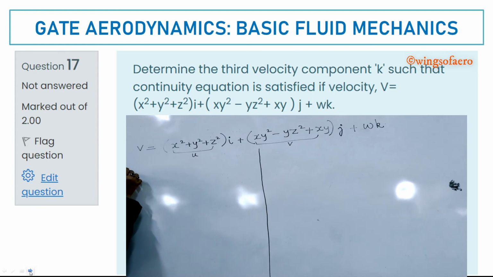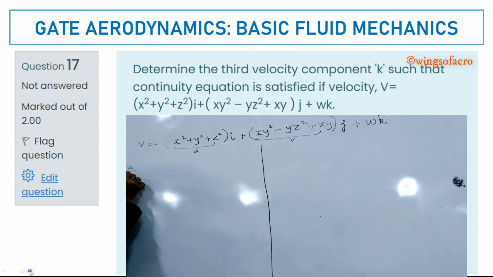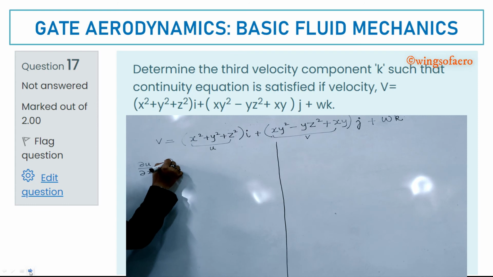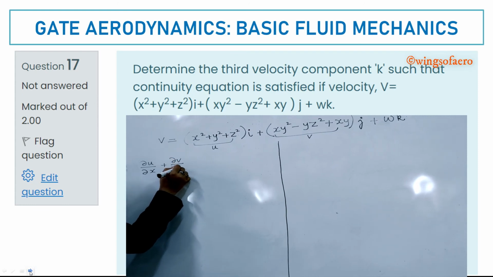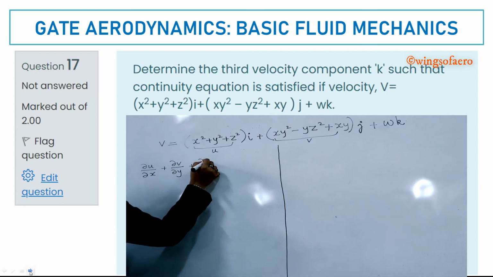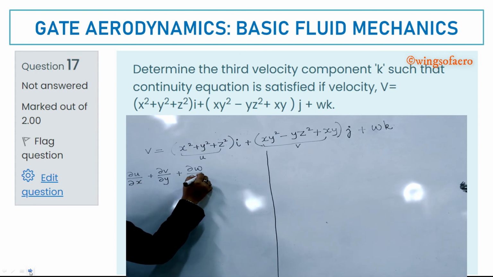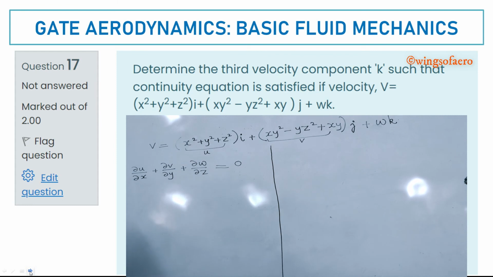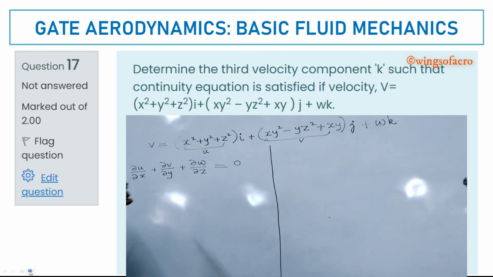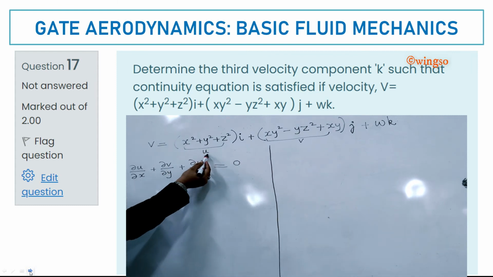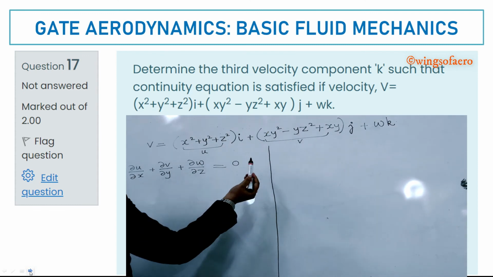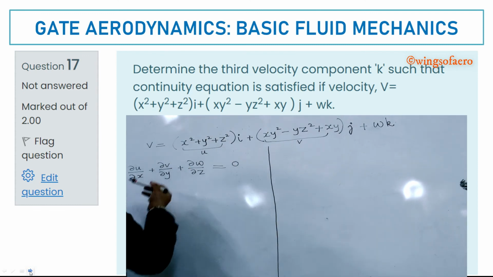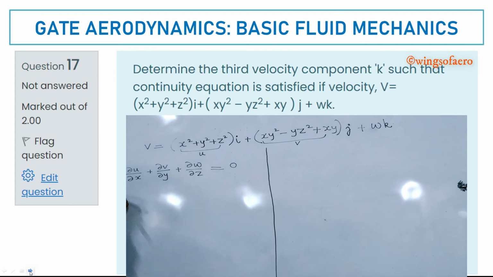So what is the continuity equation? Dou u by dou x plus dou v by dou y plus dou w by dou z equals 0. So I am going to differentiate the u component with respect to x and the v component with respect to y, and then start solving the equation.